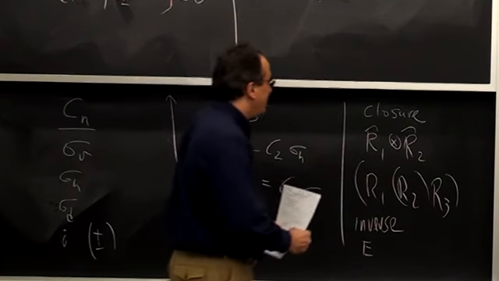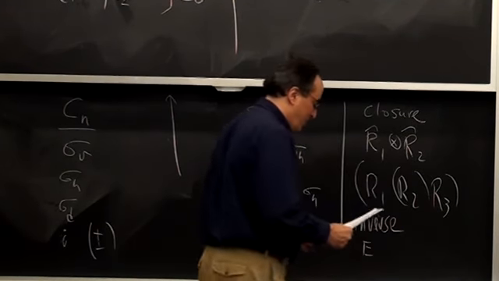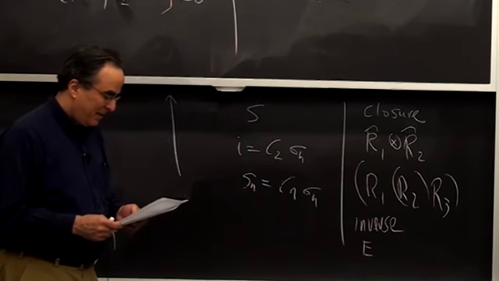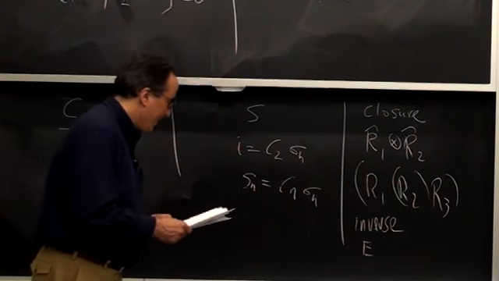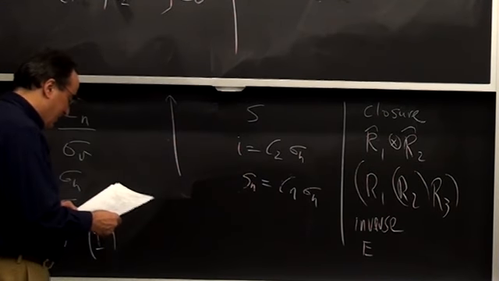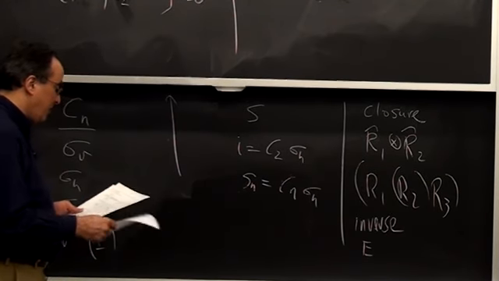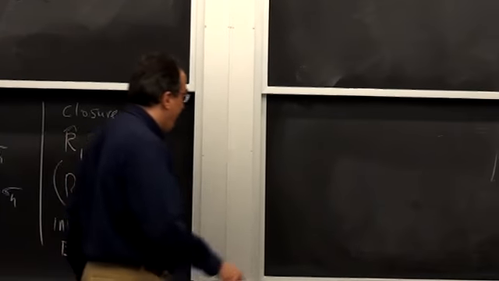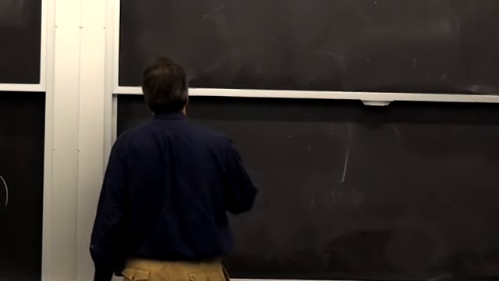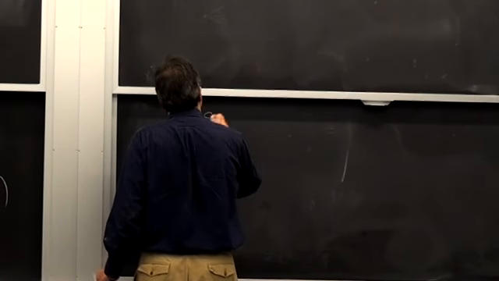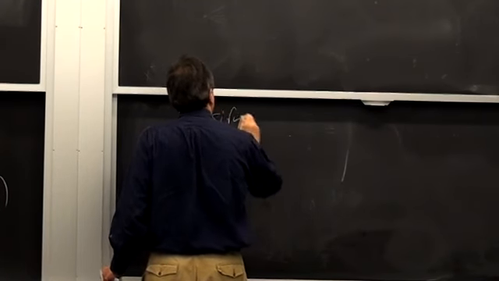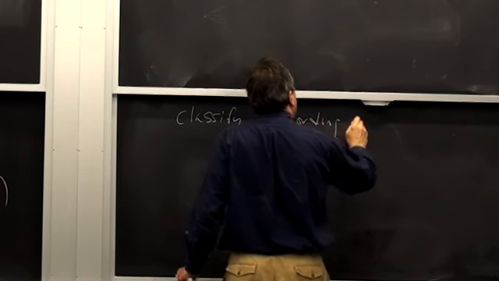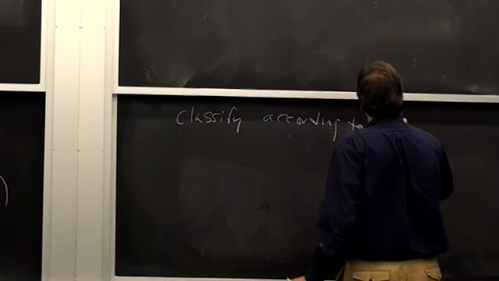So there's a little bit of heterogeneity about notation, but there's an awful lot of universality. Okay, so now you look at a molecule and you classify it according to the symmetry operations present.